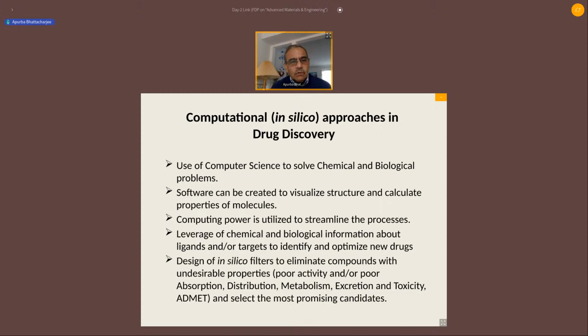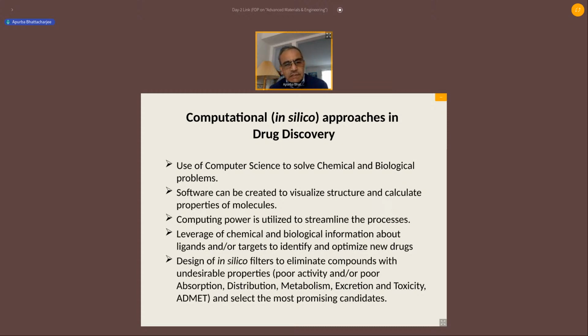In silico methods are nothing but the application of computer science to solve chemical and biological problems. Now you can create algorithms and also software to visualize the structure and the properties of the molecules.